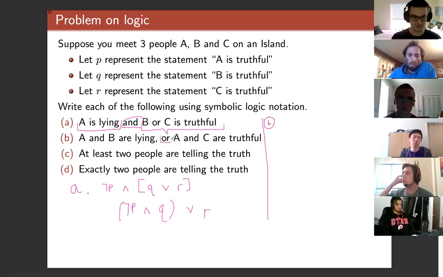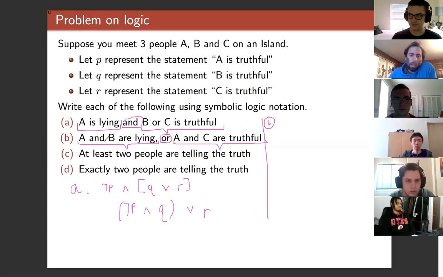So we have this or in the middle, and the first thing we have is A and B are lying, and the last thing is A and C are truthful. A and B are lying. That's A is lying and B is lying. And remember, if A is lying, that's the opposite of A being truthful. So this first thing we have here is not P. And then we have that B is lying, so that's not Q.